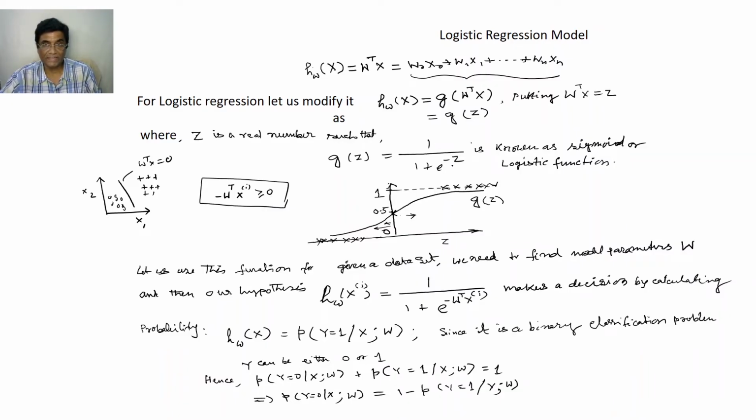This is the nature you can see. And so this can only lie between 0 and 1, and my misclassification problem is gone. Since this is for binary classification, I can design such a curve.